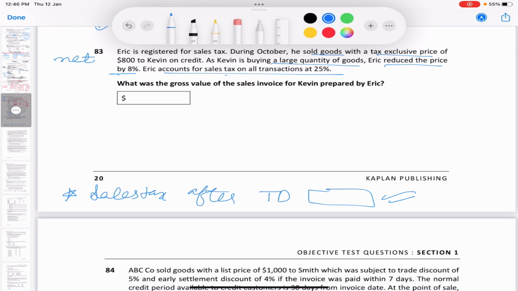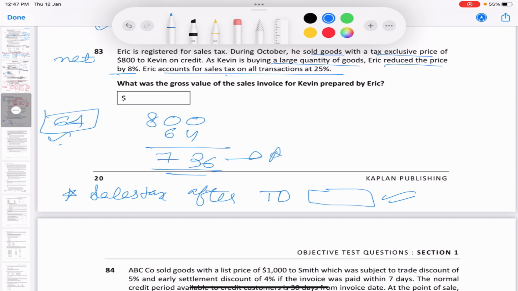Okay. So 8% of 800 is 64. So 64 is gonna be my trade discount. So out of 800, 64 is my trade discount, right? So 736 is my price after trade discount.